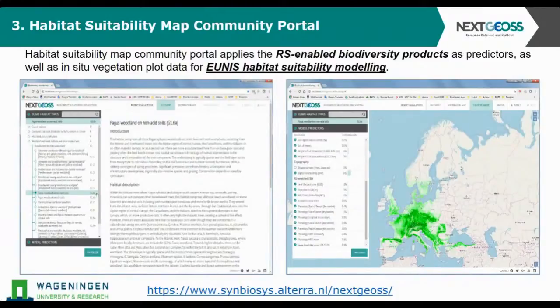But it's not, to be honest, a fault, because there is not enough data available to run such models at different scales. I mean, global, or some countries, they don't have proper data to share with us. We limited our community portal to the European level.